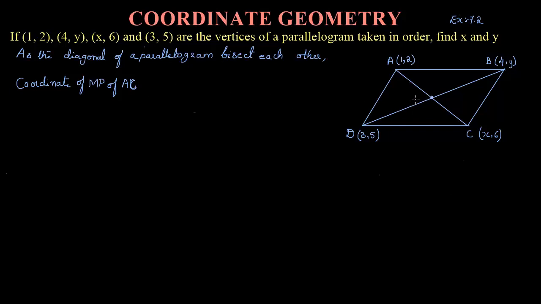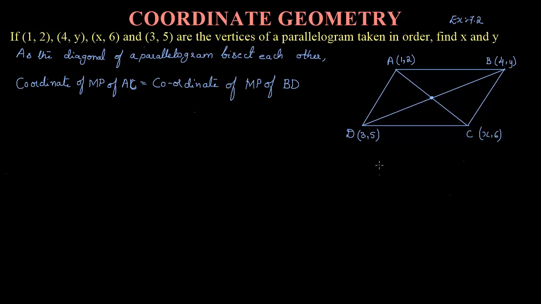So the coordinate of this point, the midpoint of the line AC, will be equal to the coordinate of the midpoint of BD, right? So both the lines are intersecting at one point. Because of that, the midpoints of both the lines lie at the same point. So because of that, I am equating these two, right?